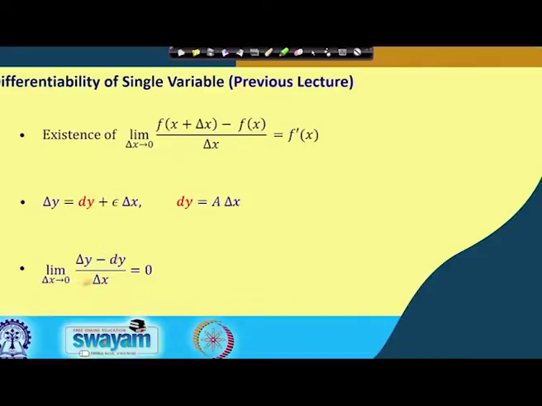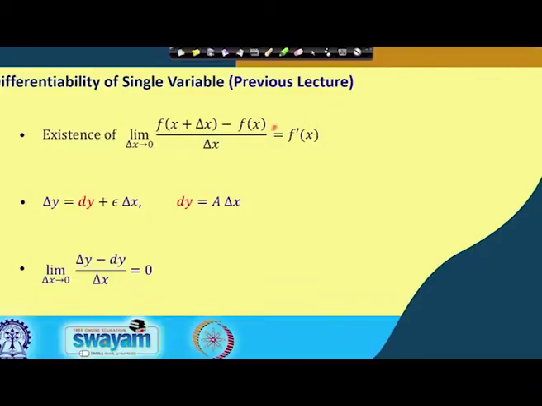This was just a consequence of the previous relation, when we take dy to the left side and divide by Δx, taking the limit since ε goes to 0. This was useful for testing differentiability in many cases. But the point here is that all these three definitions are equivalent for differentiability.